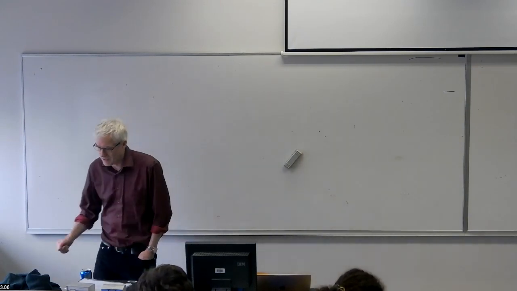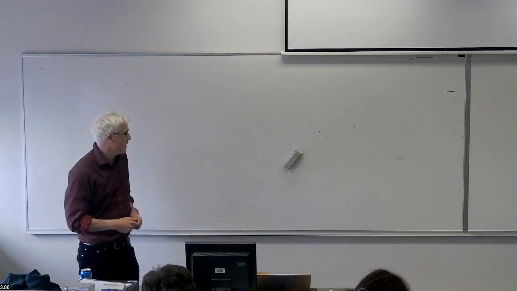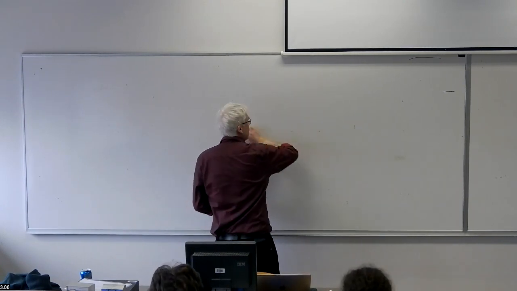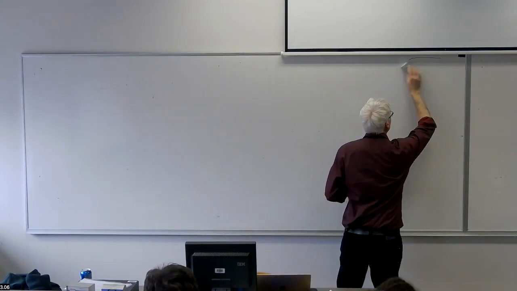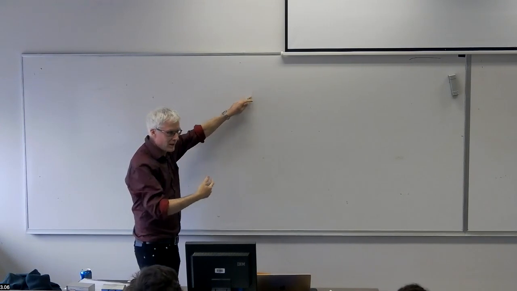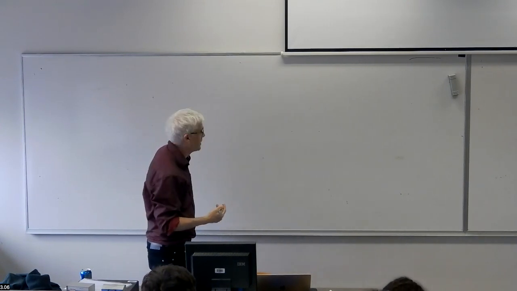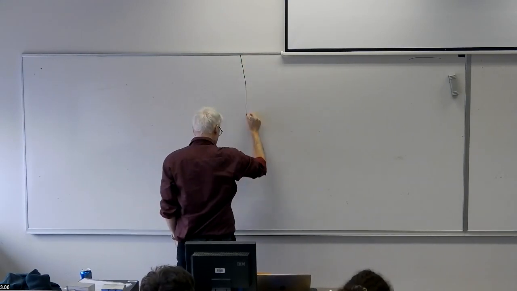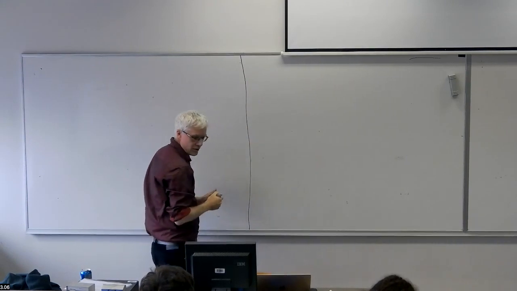A sheaf is a presheaf with an additional condition. And the level of generality that I'm going to cover this topic today is to do with sheaves over topological spaces. And you may think, well, I promised you some complex analysis, and now we're talking about topological spaces, but we will get to the complex analysis quite soon. But first, I want to talk about the general notion of sheaf over a topological space.